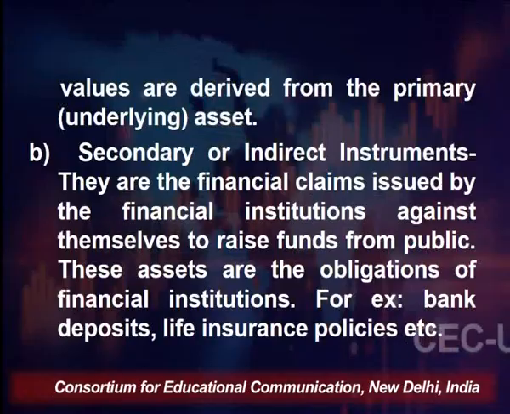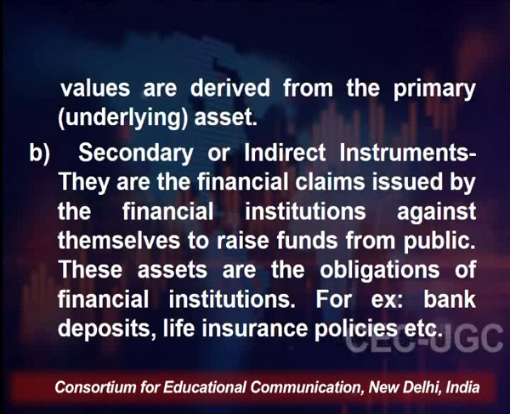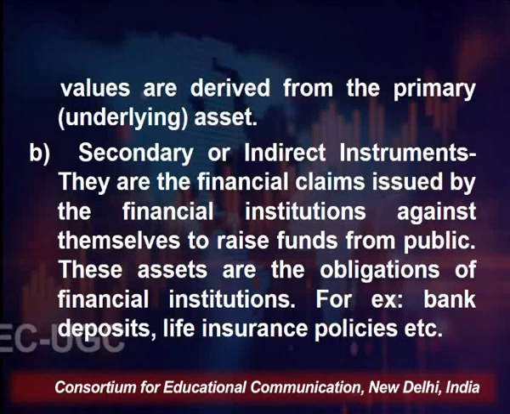So the derivative markets derive their value on the base of basic primary underlying assets. Secondary or indirect instruments are the financial claims issued by financial institutions against themselves to raise funds from the public. These assets are obligations of financial institutions: bank deposits, insurance policies, etc.